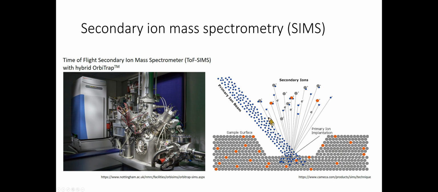Next, the primary ions sputter away the sample by causing the ejection of atoms and ions called the secondary neutrals and ions. These secondary ions, approximately 1% of the sputtered material, are accelerated into a mass spectrometer to reveal the elemental and isotopic characteristics of the sample.